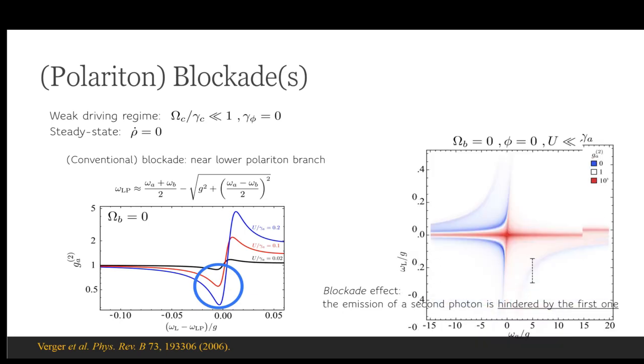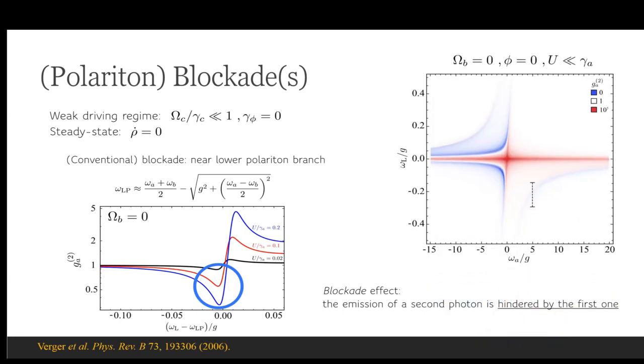But if we look at a broader picture, what we find is that we can have this kind of conventional blockade, because we are exciting in resonance with the polaritons, but we can also find some regions where we have a much stronger anti-bunching that do not correspond to these resonances of the system.